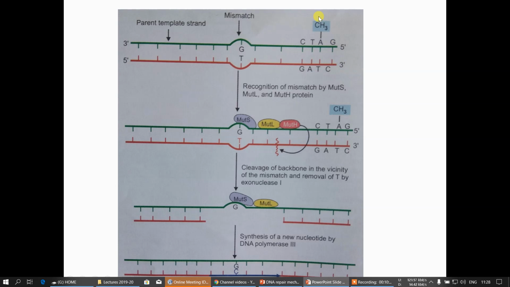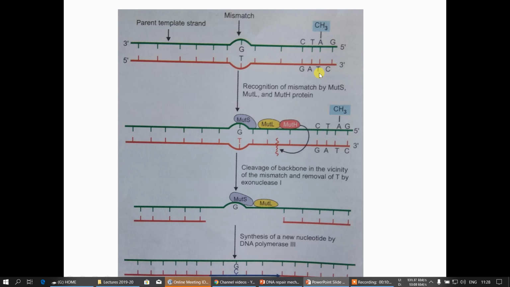It is required to identify which is the template strand and which is the newly synthesized strand for the repair enzymes. So this is the methylated strand and this is the unmethylated, that is our newly synthesized strand.